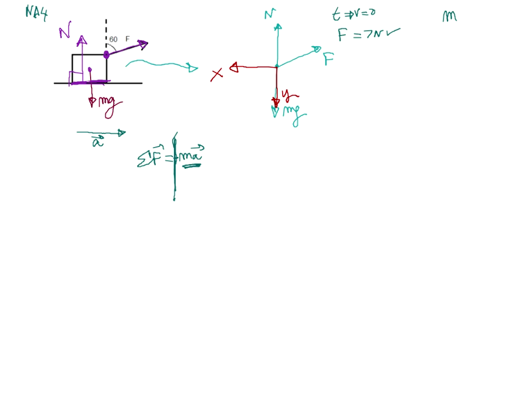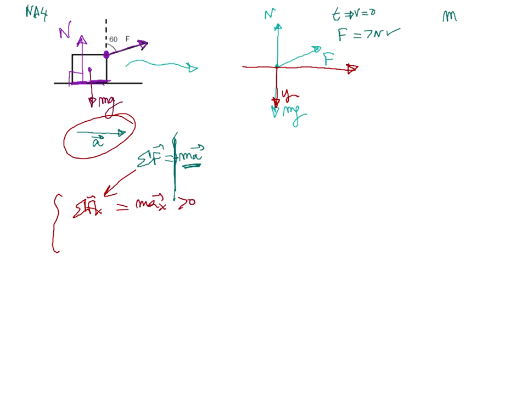Hence, I'm going to switch my positive x opposites so that it is exactly along my acceleration. This, right away, will tell me this. Sum of the forces in the x is equal to max, and this is positive.